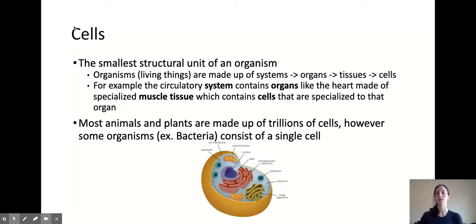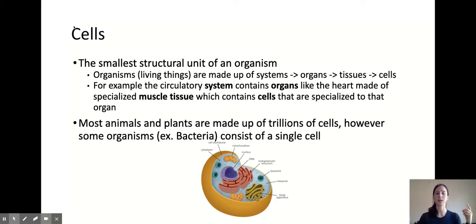So cells are the smallest structural unit of an organism. You are made up of systems like the circulatory system or the nervous system. Those systems have organs within them. So the circulatory system has organs like the heart. Those organs are then made up of specialized tissues, which are made up of cells. So cells are really specialized to where they are in the body and what they're doing.